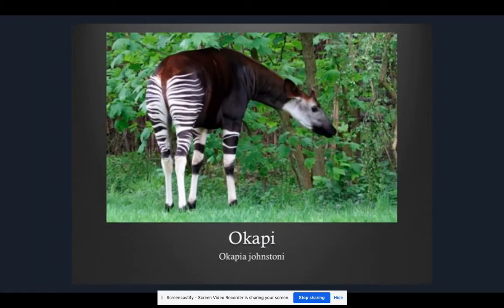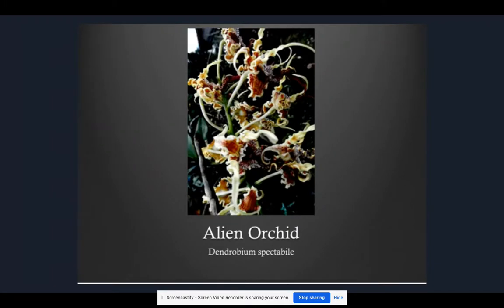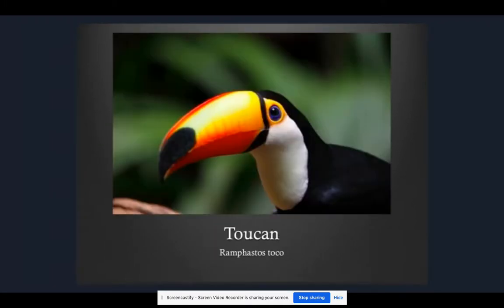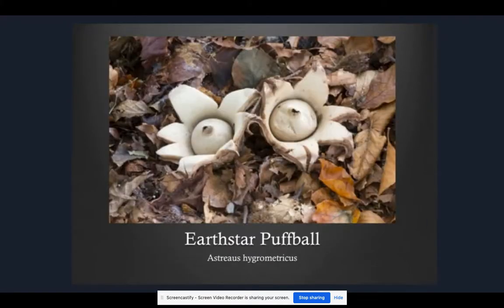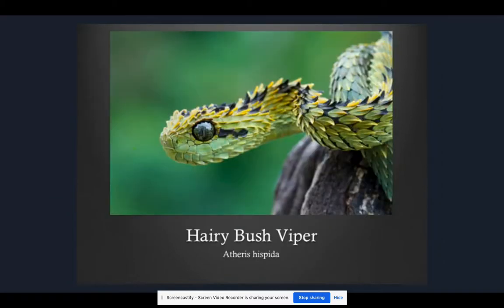An okapi, alien orchid, toucan, Venus flytrap, hummingbird hawk moth, that's a cool one. Earth star puffball, that's one of those if you step on it, the little spores come flying out of it. That's pretty cool. A hairy bush viper, no thank you. I will stay away from a hairy bush viper.